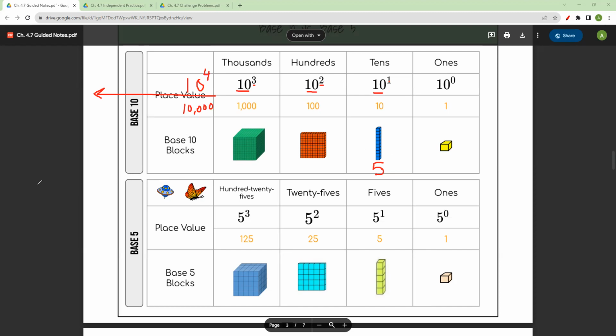Okay, so I put a little alien here and also a butterfly because I don't know if you've ever heard of a butterfly effect, but this kind of reminds me of that. And also kind of an alien, because when you learn how to do different bases, it's almost like you have to forget everything you ever learned about numbers.